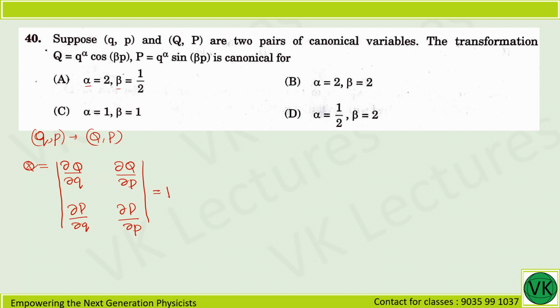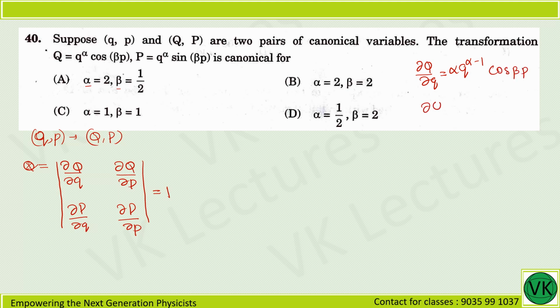Let's find out dou capital Q by dou q. So dou capital Q by dou small q is q to the power alpha, so cos beta p will remain the same. So alpha q to the power alpha minus 1 into cos beta p.